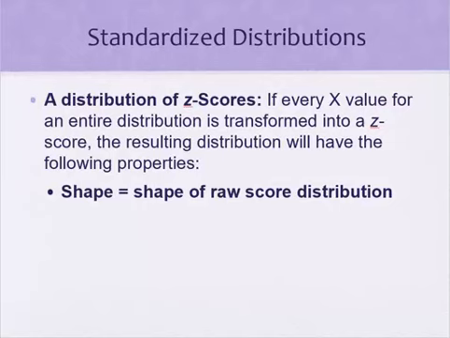If you were converting all the raw scores in a distribution into z-scores, and the original shape of that raw score distribution was negatively skewed, then the distribution of the z-scores is also going to be negatively skewed. So the shape of your distribution of z-scores is going to end up being the shape of whatever the original distribution was for your raw scores, right?